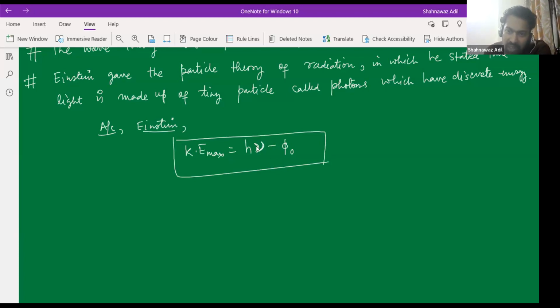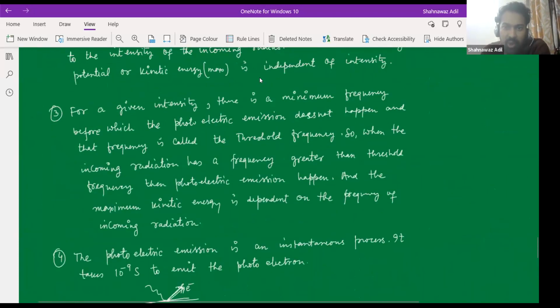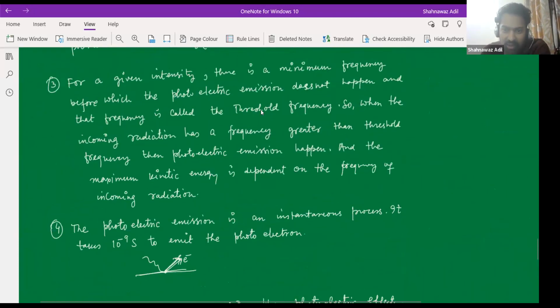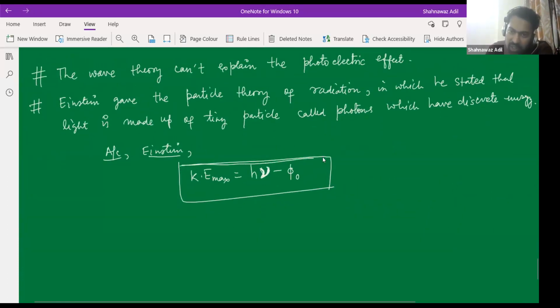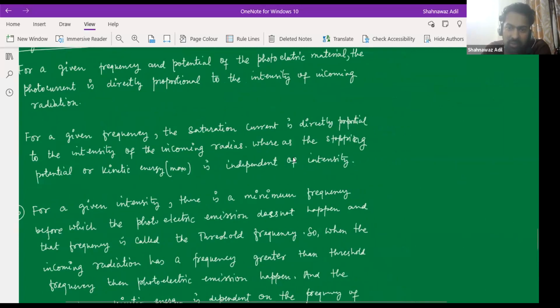You can see that this kinetic energy is related to the stopping potential. So the stopping potential is related to the frequency, right? It is not dependent upon the intensity. So all the explanation that we wanted from the photoelectric effect came single-handedly from this very beautiful expression. From this single equation, we can justify all those four effects.